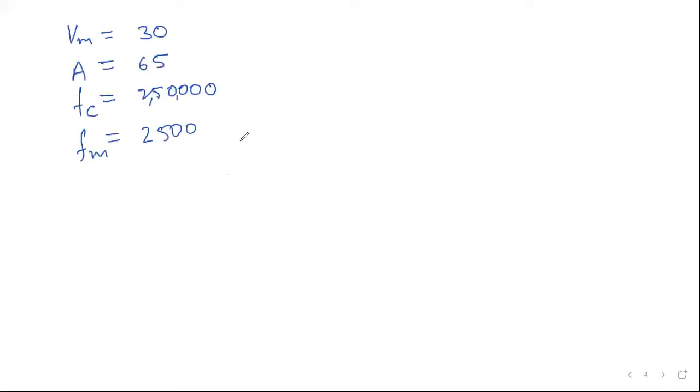So from this data, can you draw the signal? If you want to draw the audio signal, and if you want to draw the carrier signal, you will draw a sinusoidal signal. It is a sine wave, so you will start it from 0.